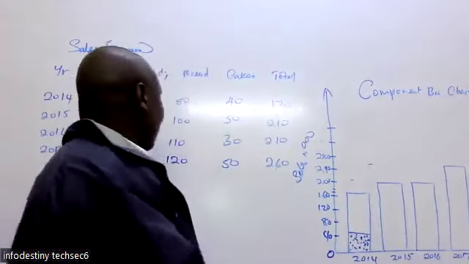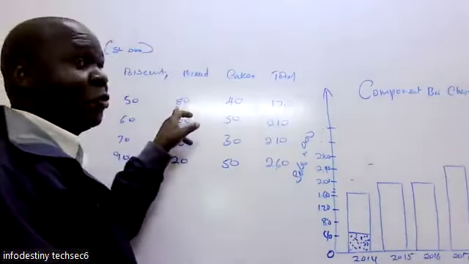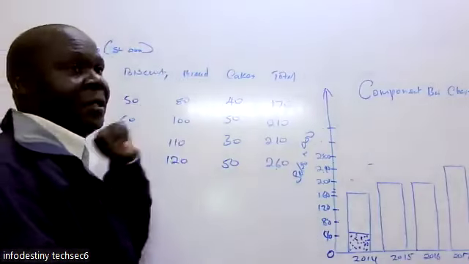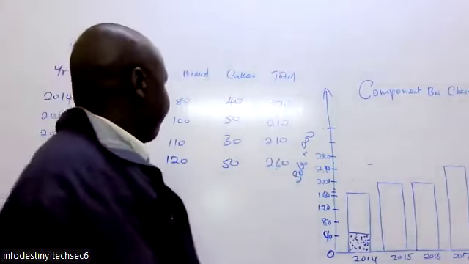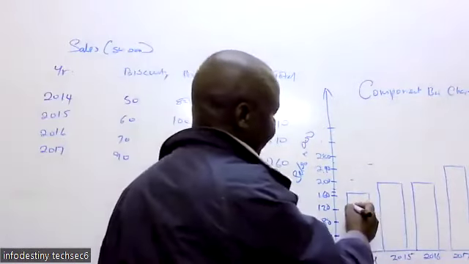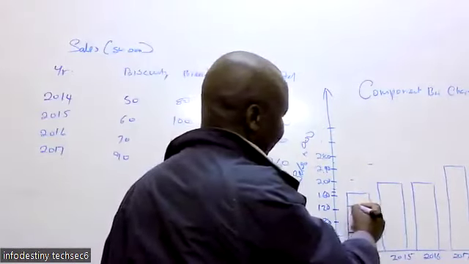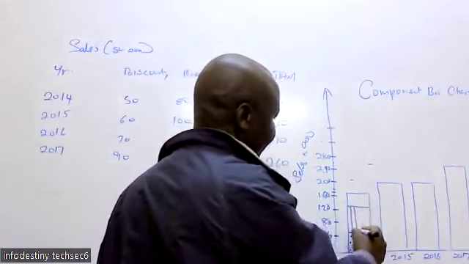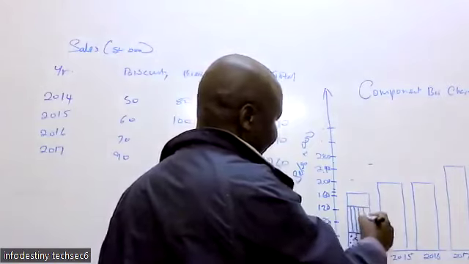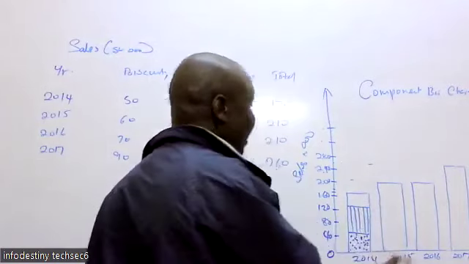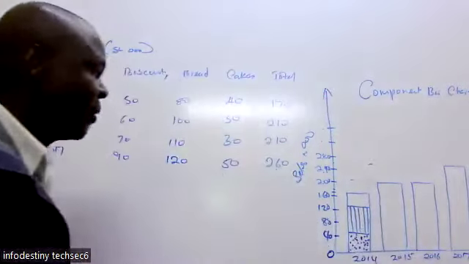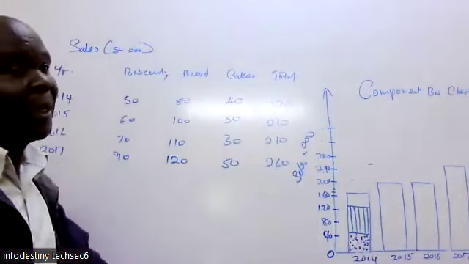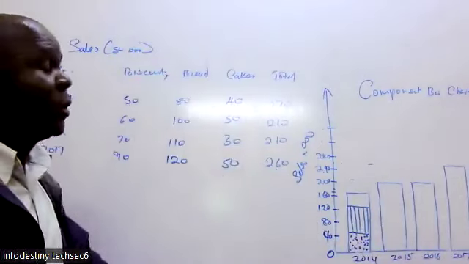The second one is going to be what? 80. So we take 50 plus 80 to give us 130. So we go up to 130. Let's give it this line. Now the last one we can leave it. We can shade or we cannot, depending on what you decide.